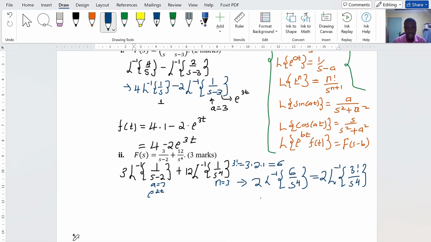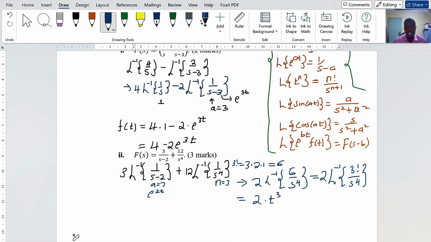Now we can get our answer and say this is just 2 times t^3. Yes, because t^n is n factorial over s^(n+1). So our n is 3, plus 1 gives you 4, and now 3 factorial gives you 6. So the whole of this simply gives us 2t cubed.